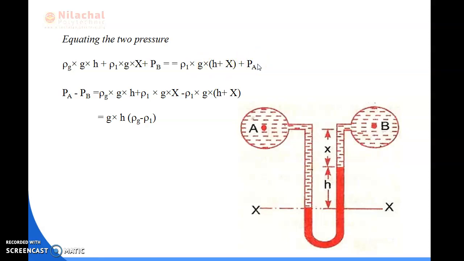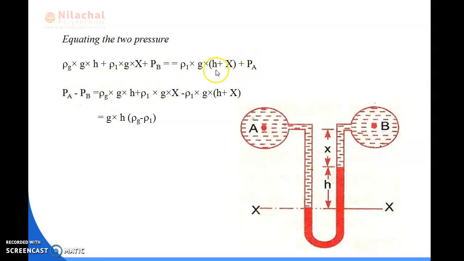So what is our aim? Our aim is to calculate the pressure difference, that is PA minus PB. Here you are taking PB from the left side to the right side, that's why you are giving the negative sign.